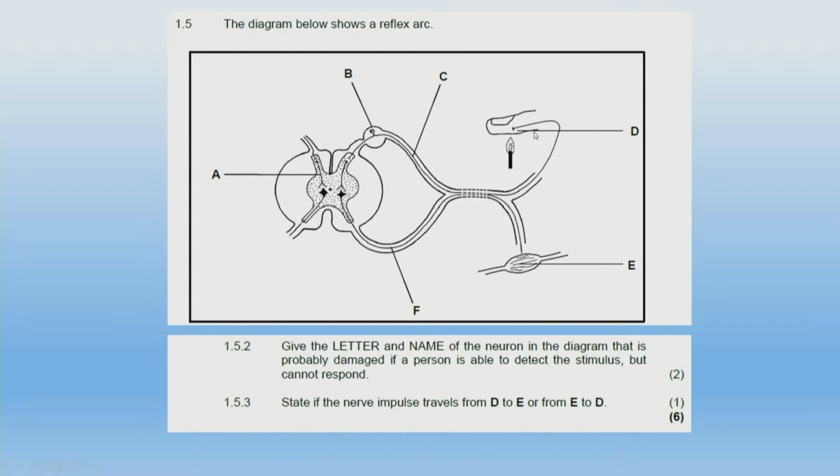Here is D, and it means that it will travel like this: D, C, B, A, F, and E. Or does the impulse travel from E to D, meaning E, F, A, B, C, and D? So please remember that the correct answer here is that the impulse will travel from D to E.